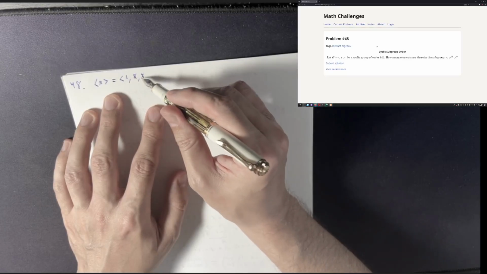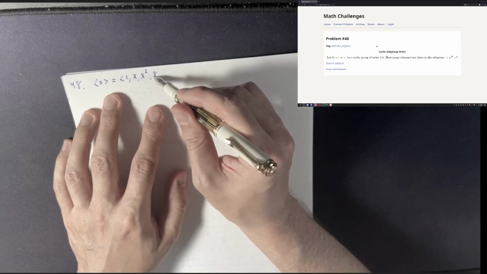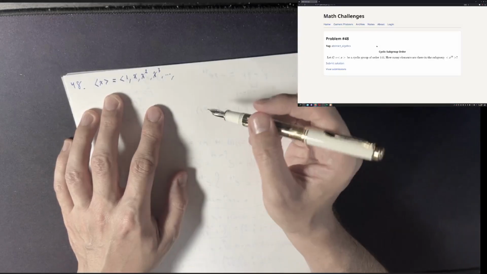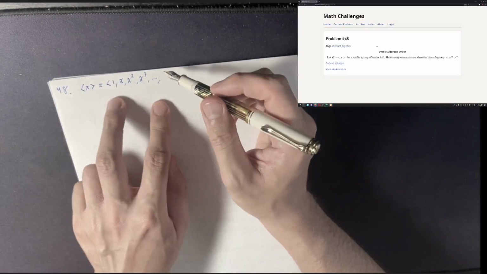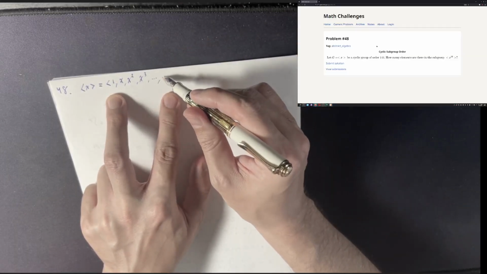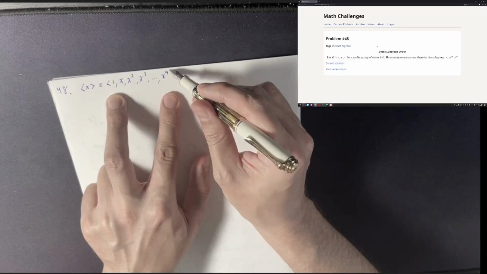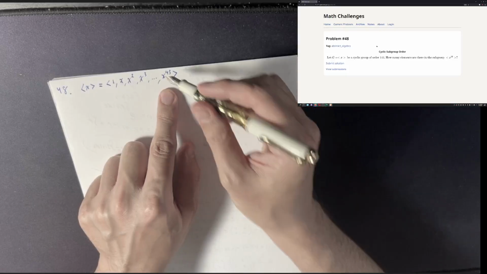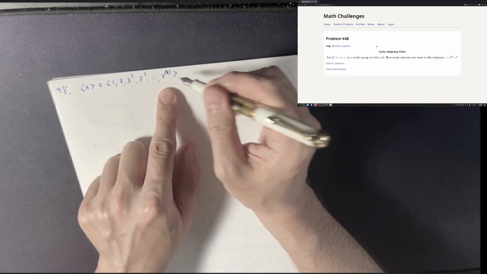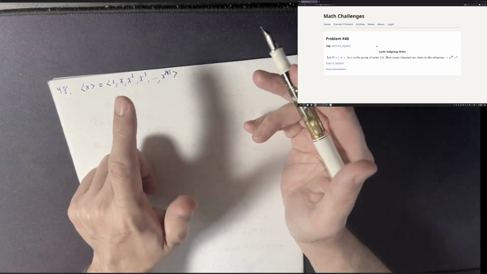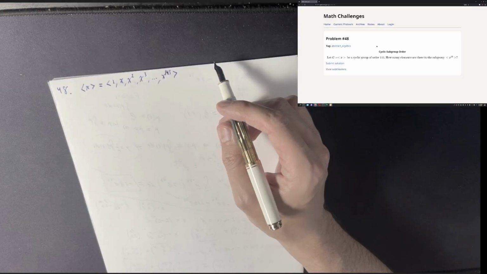Anyway, these are all the powers that you get in the group, right? And since it's telling us it's of order 144, there's 144 of these if you include the 1. So it's going to stop at 143. If you were to get 144 as a power for this generator, it's going to be equal to the identity. That's kind of what they mean there.